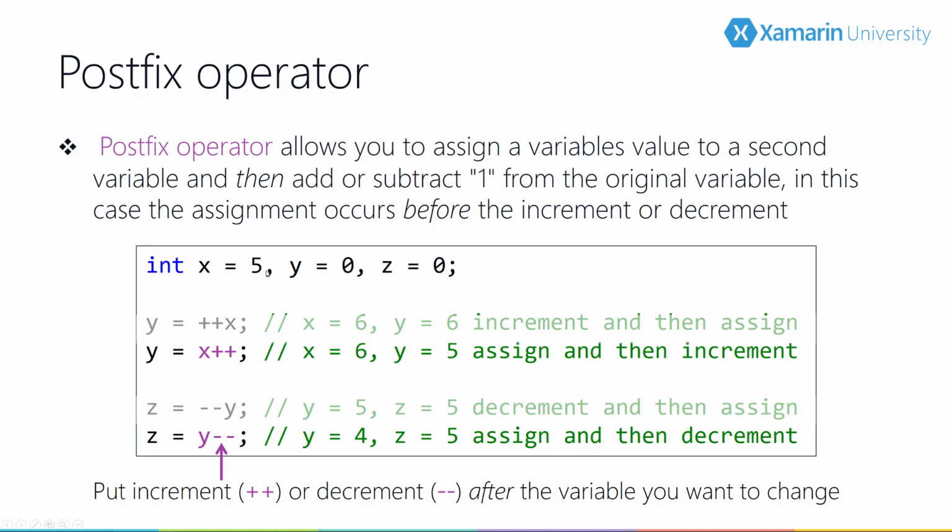So x is 5, so y is now 5. And then after the assignment, x increases by 1, which makes x 6 and y 5. Right? We read from left to right. So since we hit the x first, we do the assignment, then the increment. Whereas with prefix, we hit the increment first, so we increment, then assign. And this works with minus minus. It's the same idea.